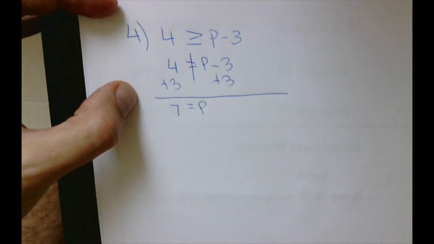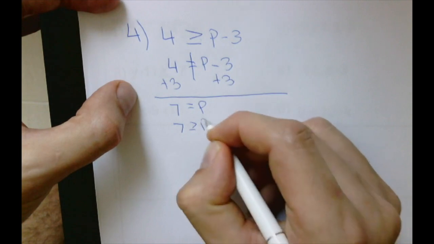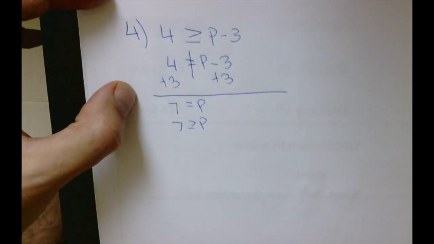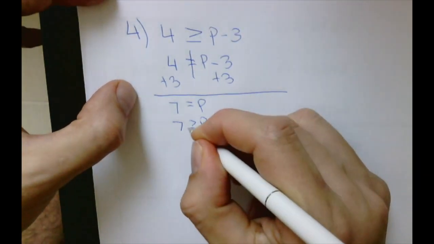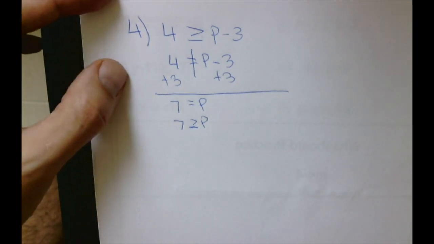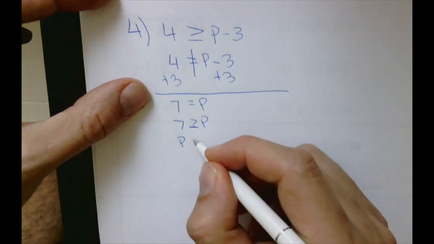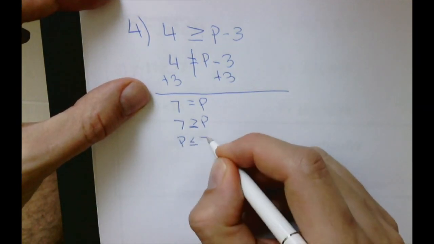Seven is equal to p. Finally, I need to change my inequality sign back to where it was before. To be consistent, we want to write our variable on the left side. So I'm going to rewrite this as p is less than or equal to 7.